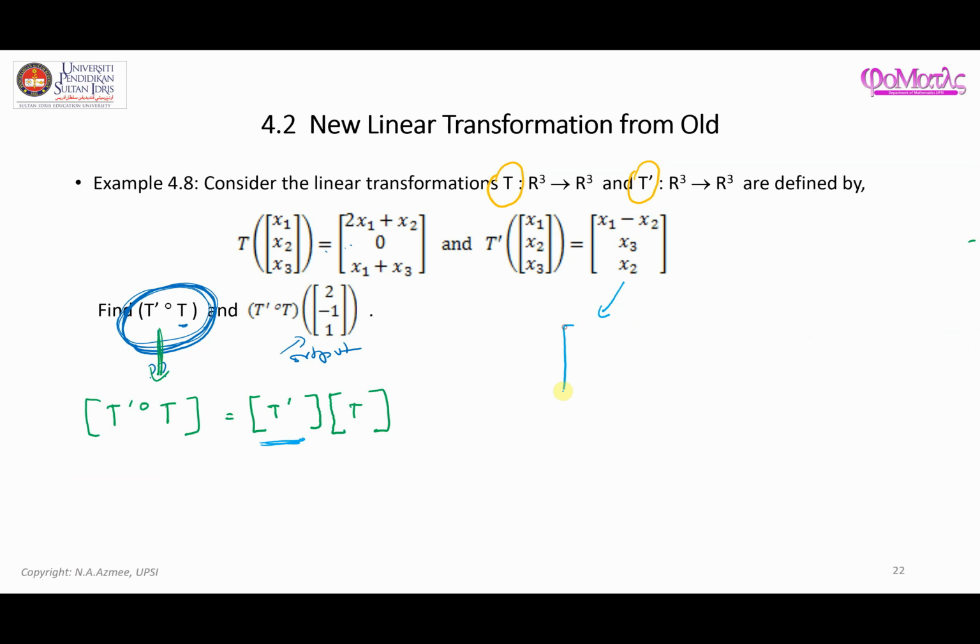Therefore, here the matrix is x1, x2, x3, and it is given. If you look at the first line, it will be 1, -1, 0. Second line will be 0, 0, 1. Third line will be 0, 1, 0. So that is the standard matrix for t prime. Next, I'm just going to put this right here. So 1, 0, 0, -1, 0, 1, 0, 1, 0.